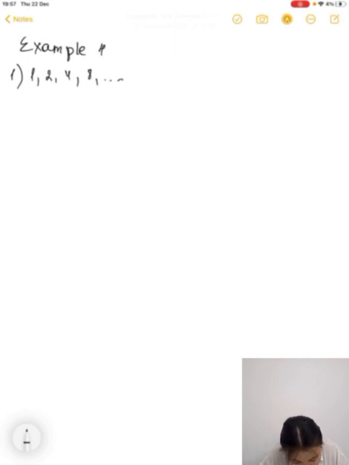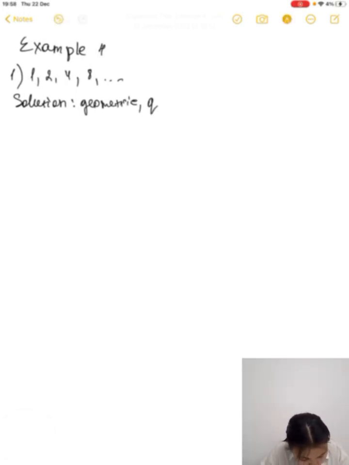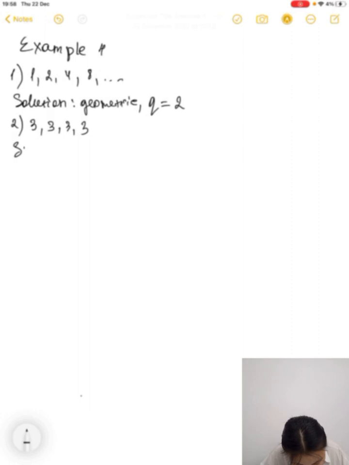Solution: this is geometric, and q is equal to 2. Second, 3, 3, 3, 3. Solution: this is geometric, and q is equal to 1.